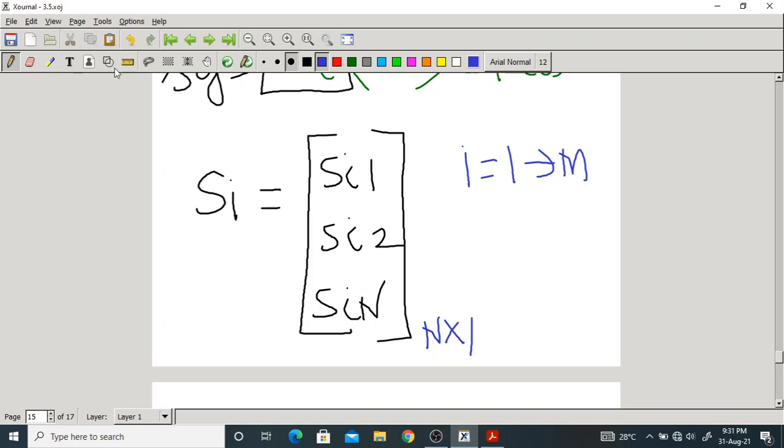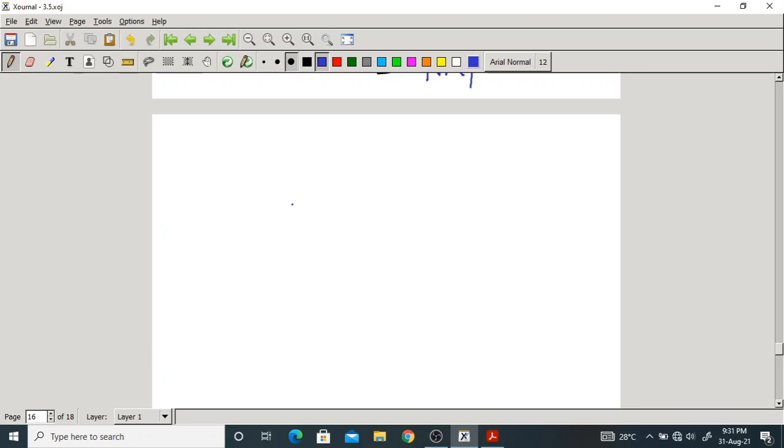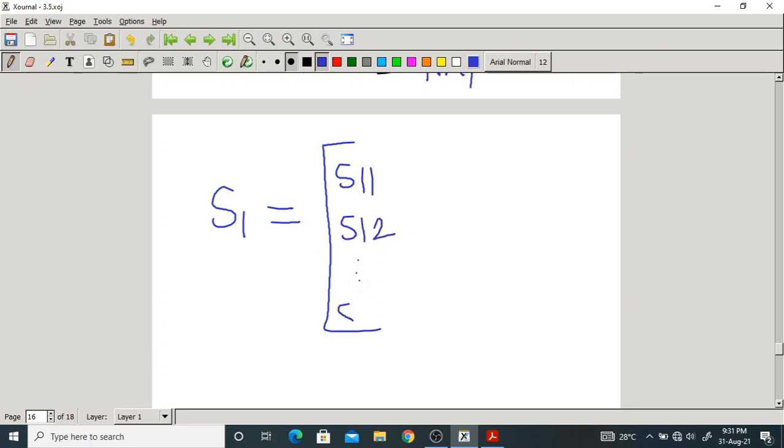Suppose, for example, what is the vector S1? It is a representation of S1 of t. What does it contain? S11, S12, so on, S1n. What does S2 contain?